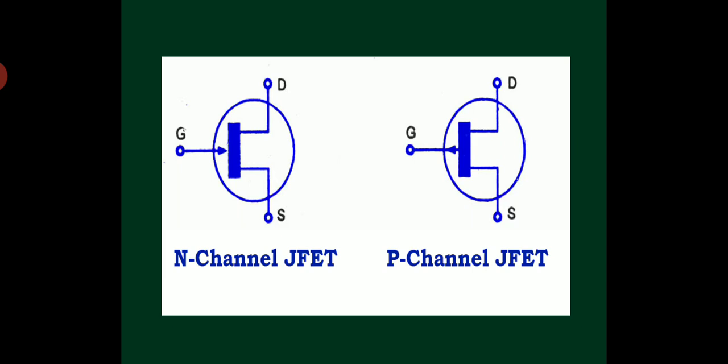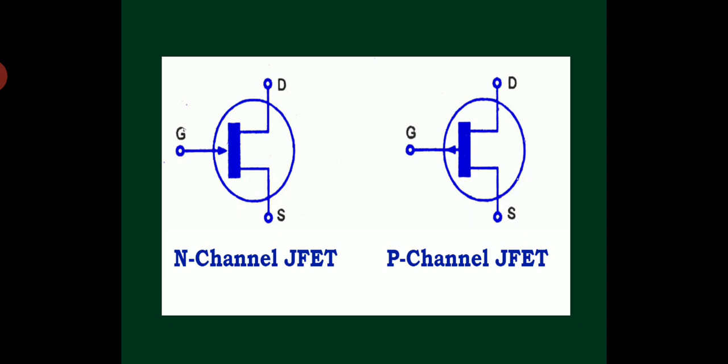So the BJT is a current control device, whereas FET is a voltage control device. Here, the output current is a direct function of the level of input current for BJT. But in FET, output current is a function of input voltage. That's why the name FET, field effect transistor.